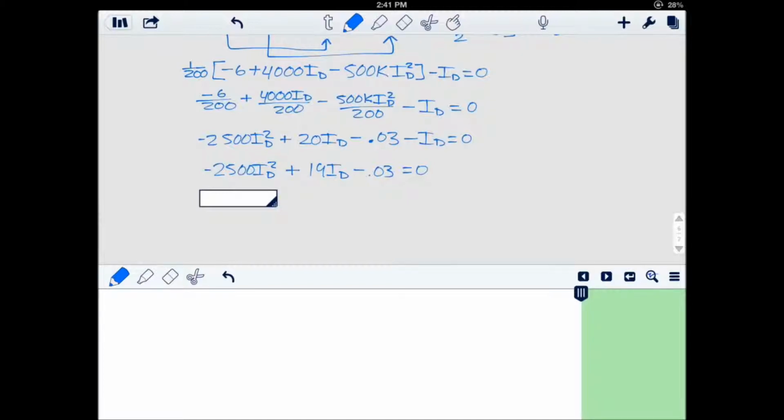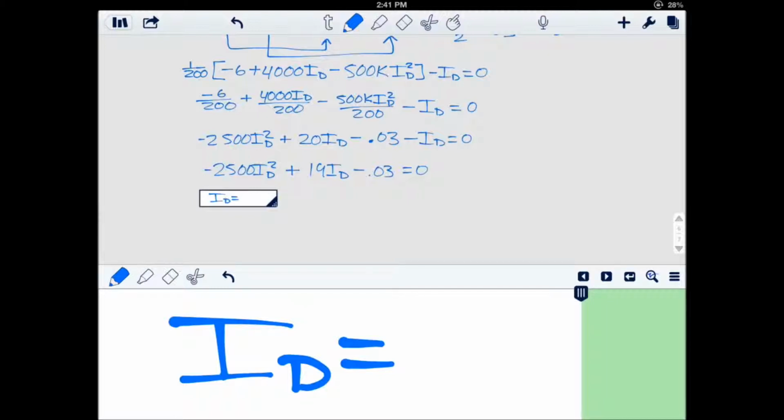You could use your calculator, or you could do it by hand. I'm going to use my calculator.